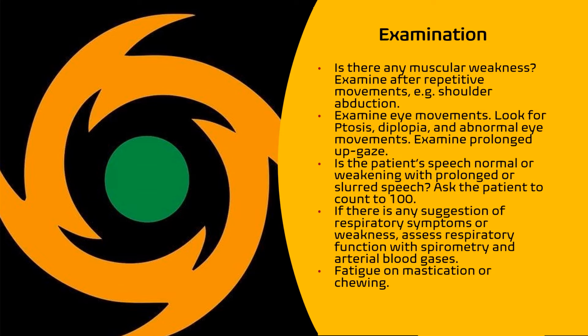So, for example, is there any muscular weakness? Examine after repetitive movements, for example, shoulder abduction. Examine eye movements and look for ptosis, diplopia and abnormal eye movements. Examine prolonged up gaze. Is the patient's speech normal, or weakening with prolonged or slurred speech? Ask the patient to count, where physicians can ask recipients to count up to 100.